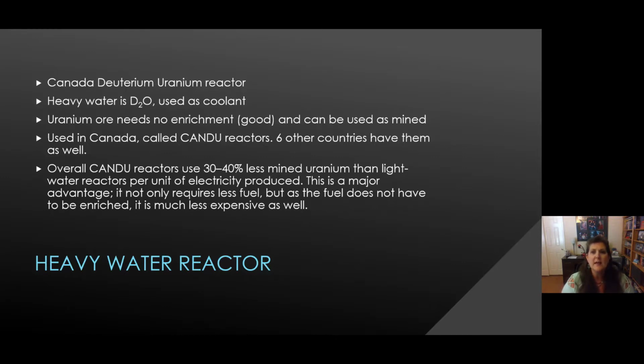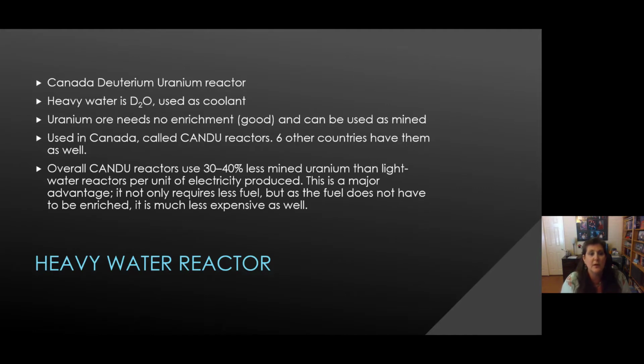6 other countries have followed suit and used them as well. Overall, CANDU reactors use 30 to 40% less mined uranium than a typical light water reactor, which is what we have in the United States, per unit of electricity produced. This is a major advantage. It not only requires less fuel, but the fuel does not have to be enriched, so it's much less expensive.